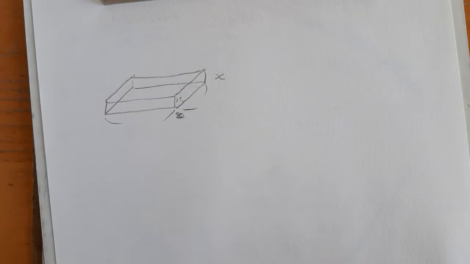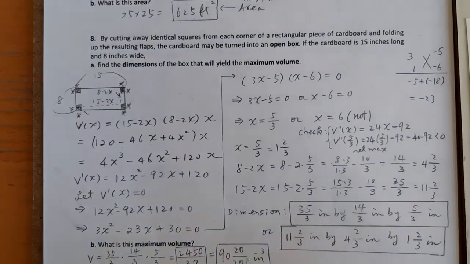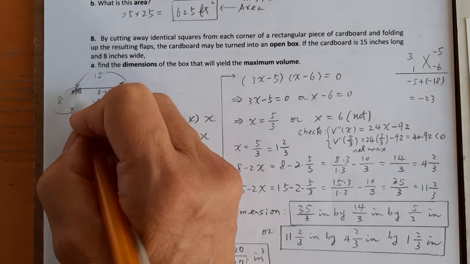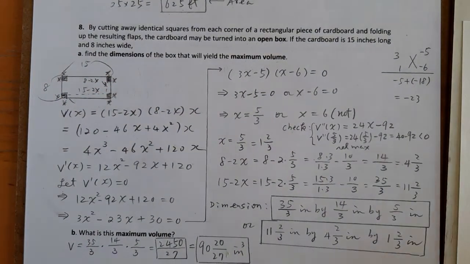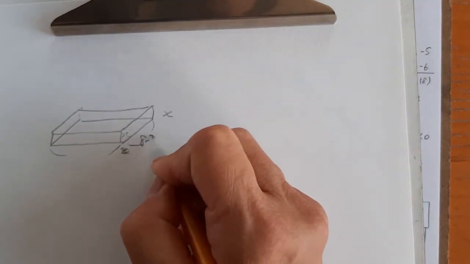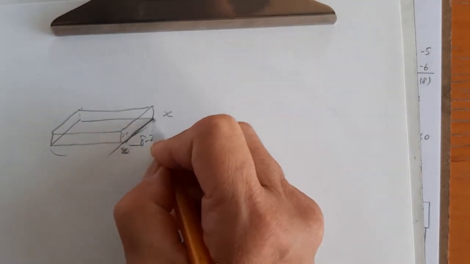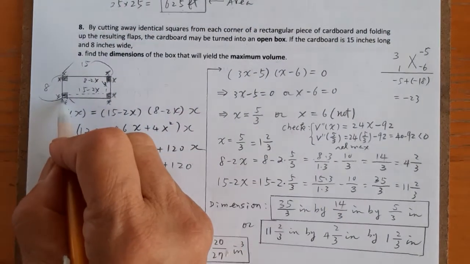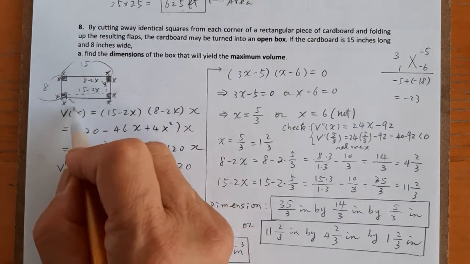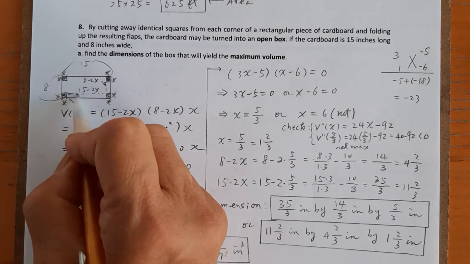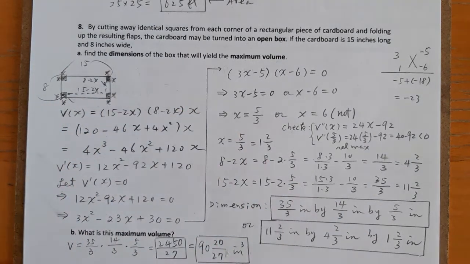Then what's this? Because the total is 8, minus x minus x, minus 2x, this side should be 8 minus 2x. And then this one, the cardboard length is 15, and you minus x minus x, so this should be 15 minus 2x.